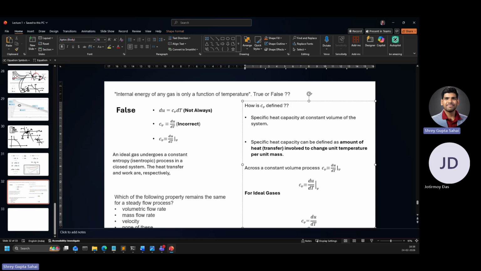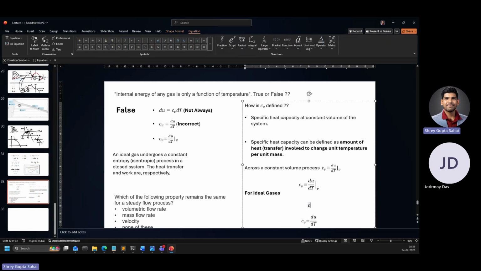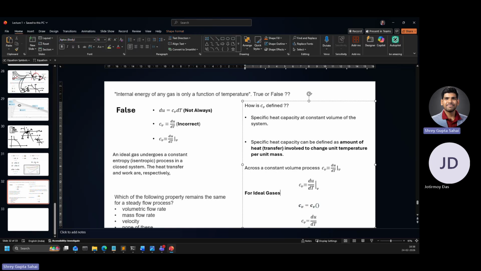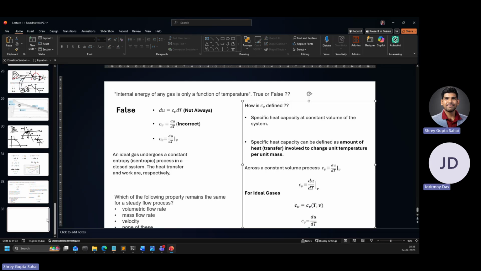In general, I'll tell you generally. One more thing, so this is also true. Let me move to another page.